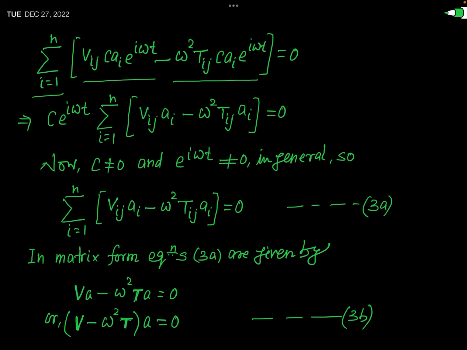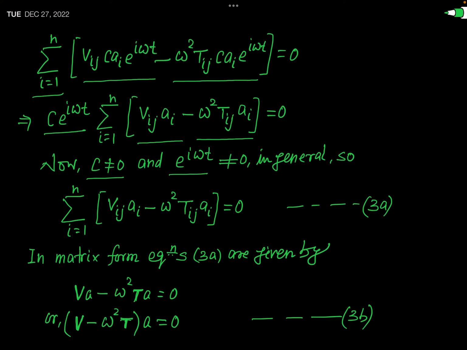Now you can see that this C e to the power i omega t is a common factor and it is independent of the summation. So we take it outside the summation as a common factor. Inside the summation, the terms will be Vij ai minus omega square Tij ai, and that is equal to 0. Now you know that C is a scale factor, it is arbitrary, and so it is not 0, and e to the power i omega t cannot be 0 at all times.